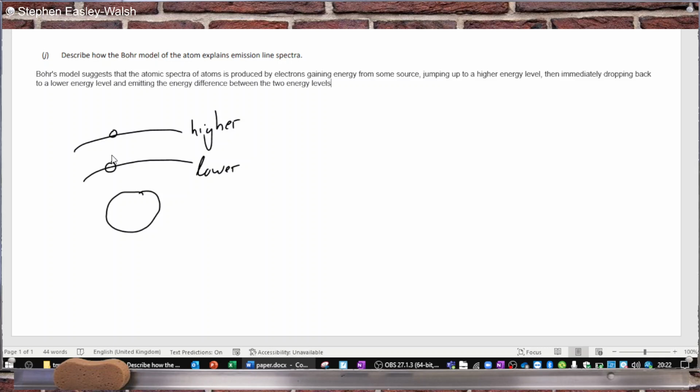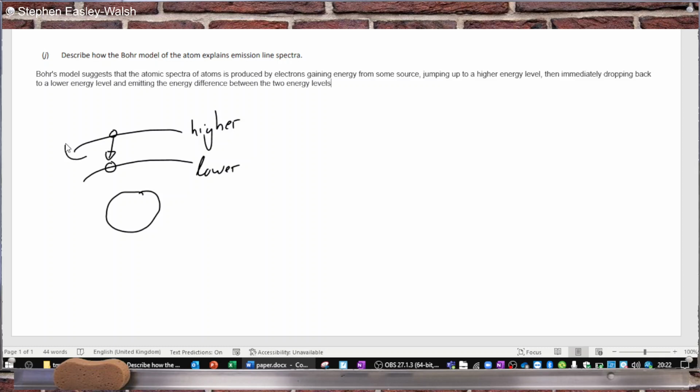If an electron was to spontaneously drop from a higher level to a lower level, in the same way a book might fall off a table, the electron has lost energy, but because of conservation of energy, it has to have gone somewhere.